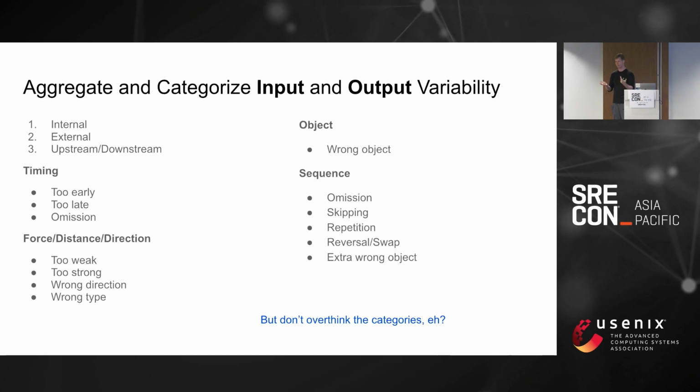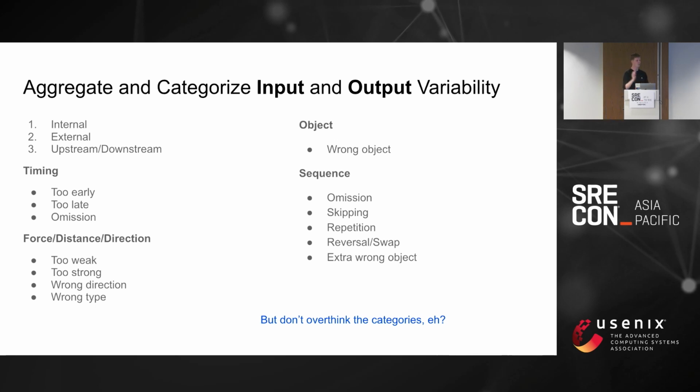And the example of gas again, like how long it takes you to drive from point A to point B depends on whether or not you run out of gas and have to stop at the gas station along the way. Right? External things. And then you can look upstream to look at the variability of things that can affect your system, and you can look downstream. The types are, output could be too early, output could be too late, output could never show up at all.